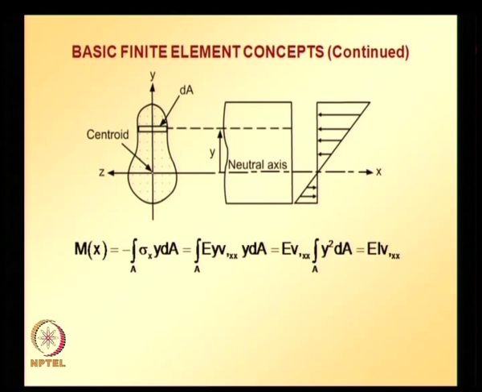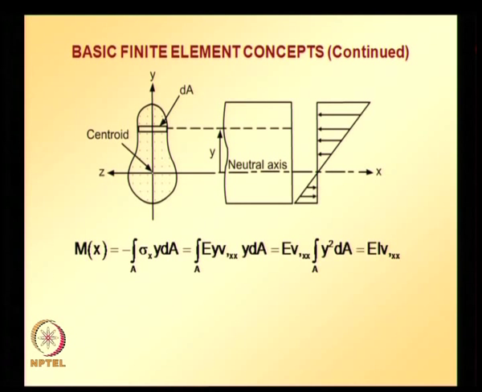That is why the relation here is M is equal to minus sigma y, where y is the distance of the differential element from the centroid or the neutral axis, and this is for a differential element dA. So, we need to sum up over the entire cross sectional area.